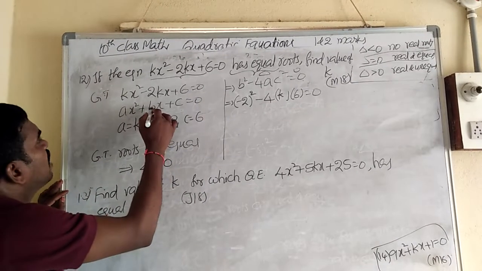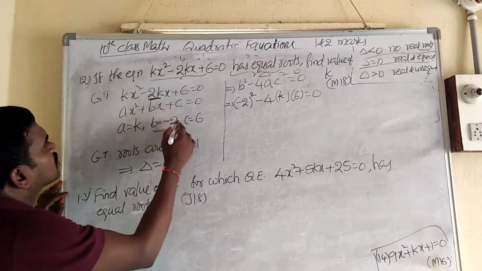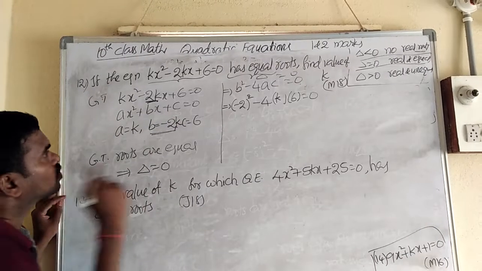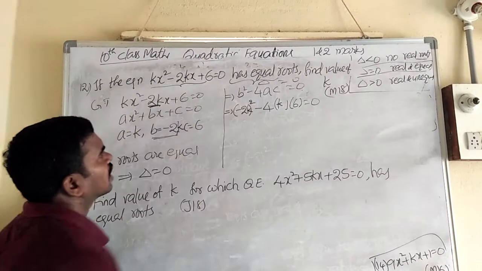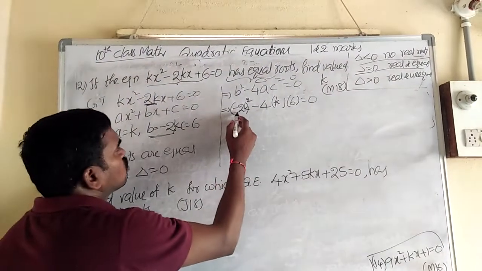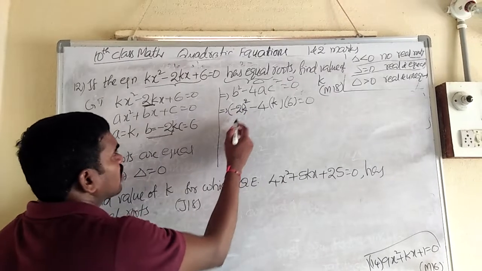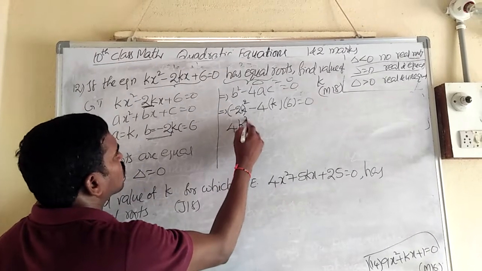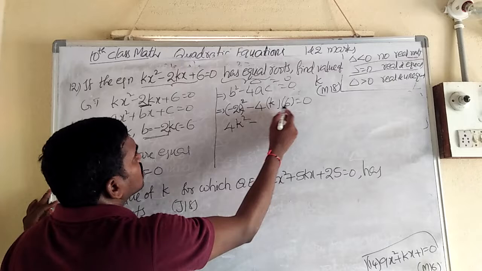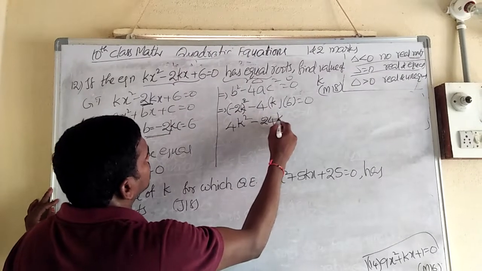Minus 2k whole square gives 4k square, minus 4 into 6 is 24k, equals 0.